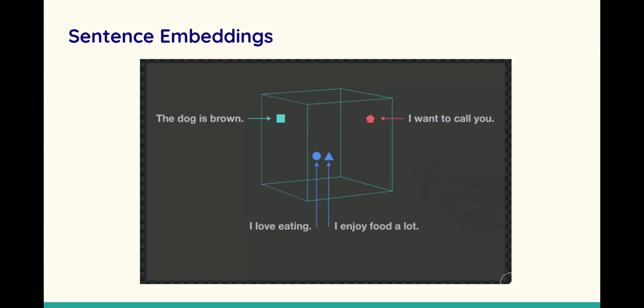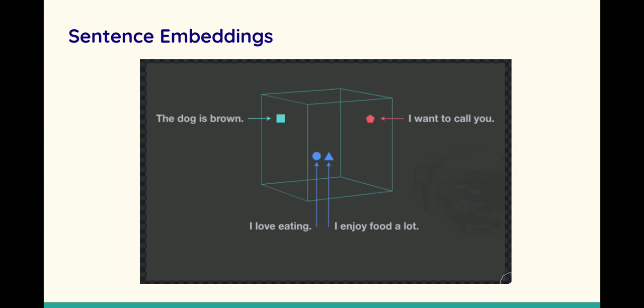Now let's see what sentence embeddings are. The idea is, given a sentence, we want to map that sentence to a vector space of fixed dimensions such that semantically similar sentences remain closer to each other in the vector space.